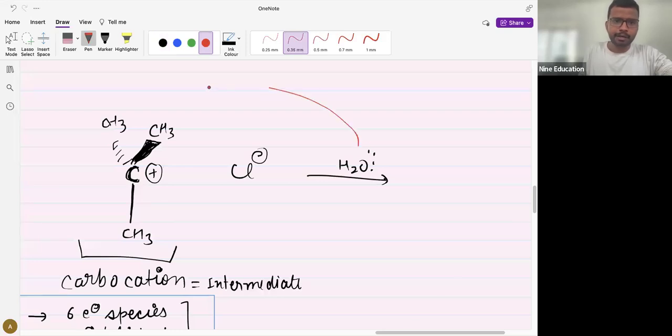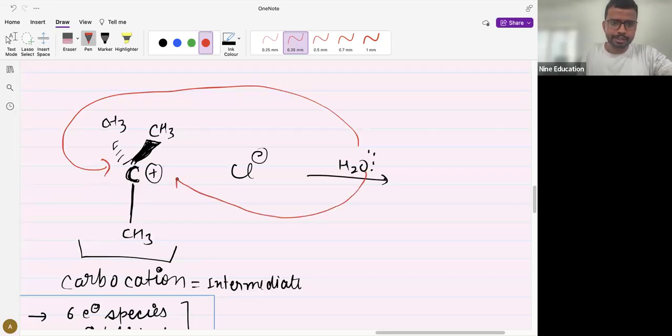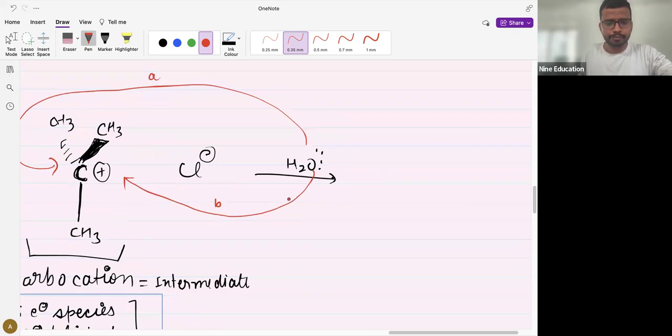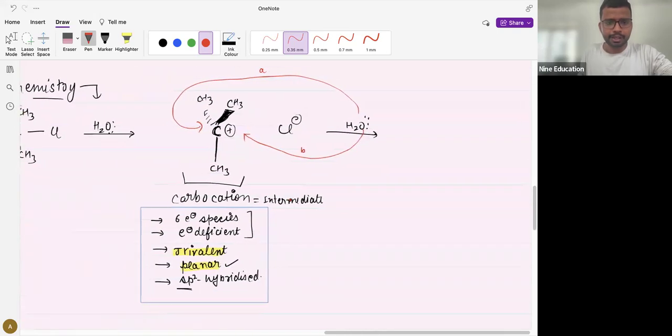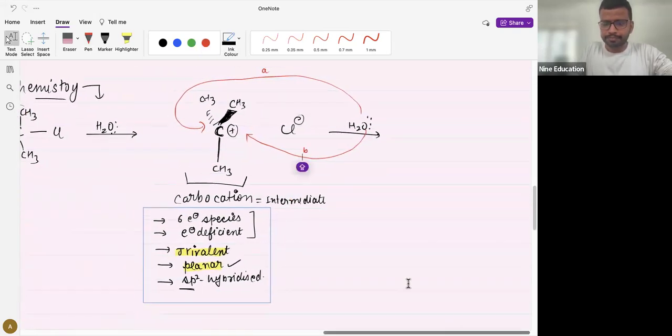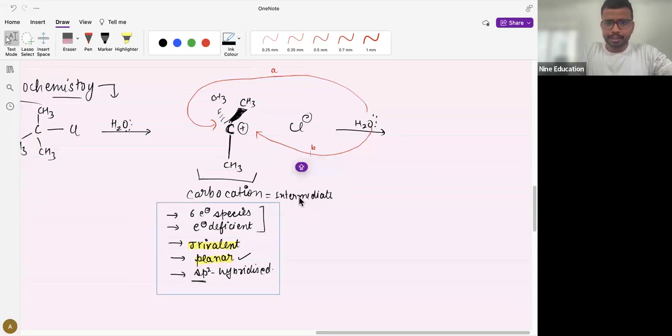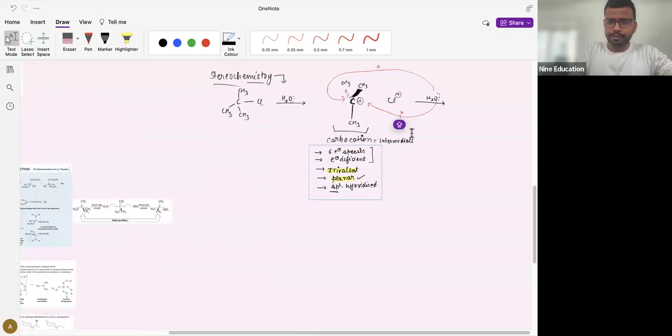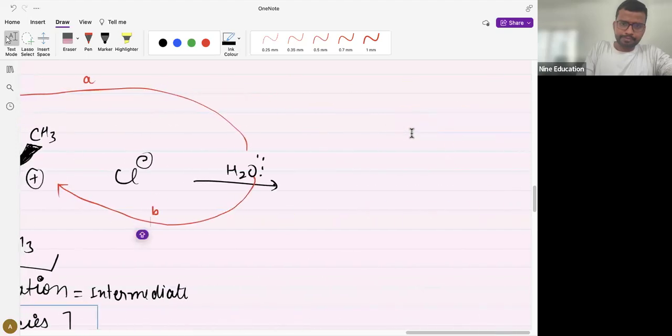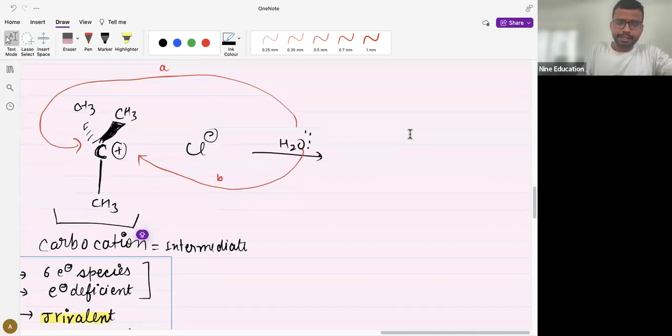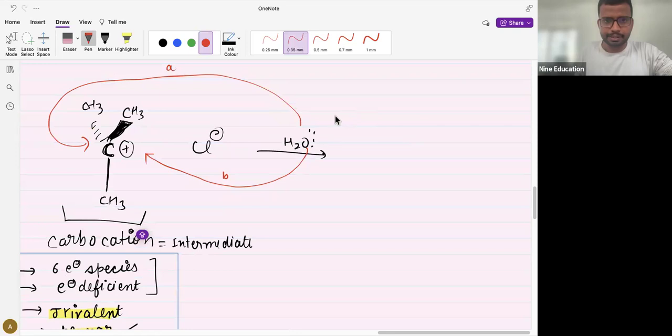It can attack from this side, or it can attack directly from this side. अगर यहाँ से let's say A वाला है और B वाला है, 2 attacks it can do. So let's say I am doing the attack from A side, है ना.